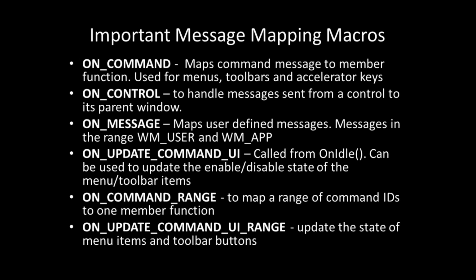I hope this section is clear. If you have doubt, go through this again to understand these message mapping macros. So we'll be seeing some of these messages in the sample code.